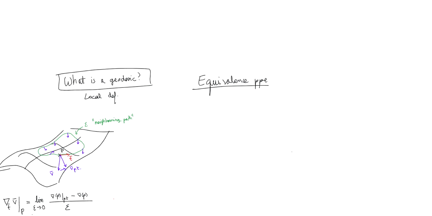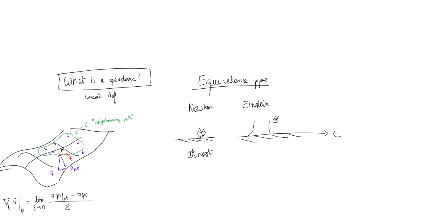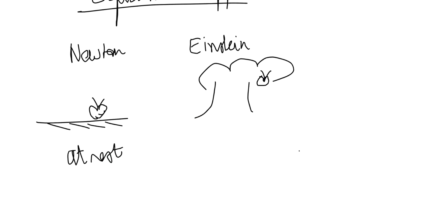So from Newton's point of view, an apple on the ground was at rest, right? This apple was at rest. Now, in Einstein's point of view, the apple that is falling from the tree is following a geodesic, and my drawing could be better.